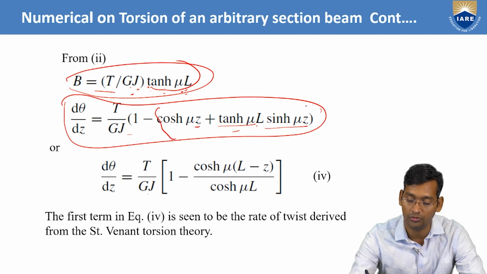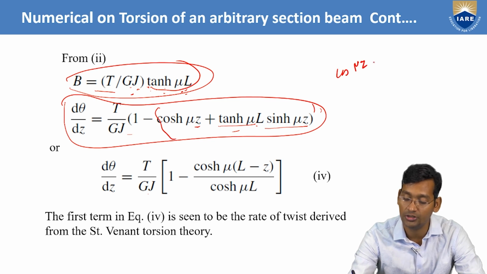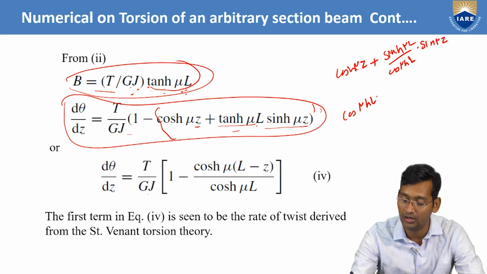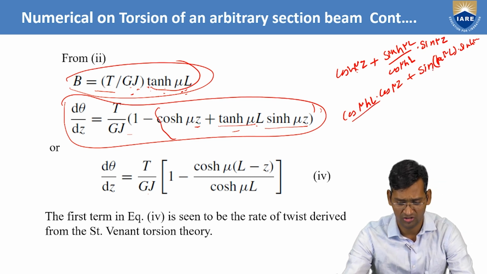So this term I'm solving first: cosh μZ plus tanh μL, sinh μL by cosh μL, into sinh μZ. So just taking LCM, this will be cosh μL into cosh μZ plus sinh μL into sinh μZ. Cos A cos B plus sin A sin B.